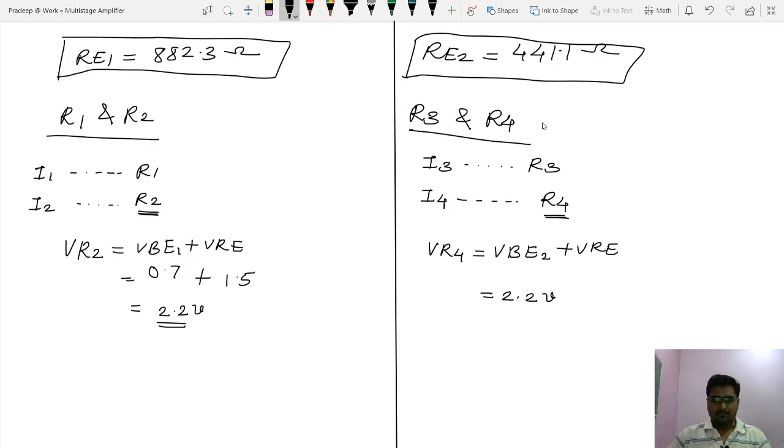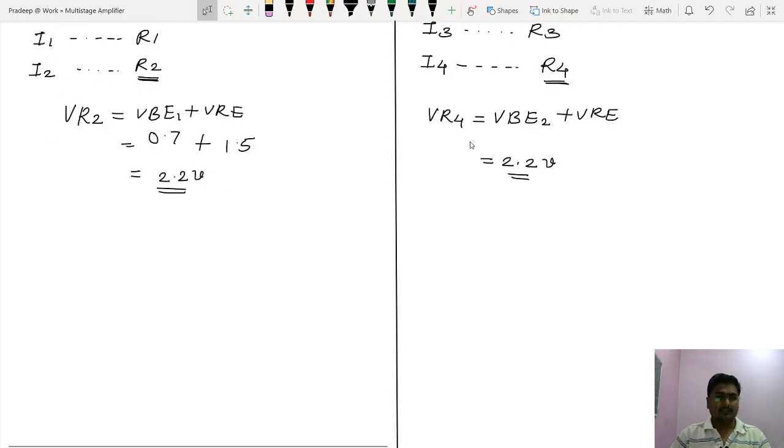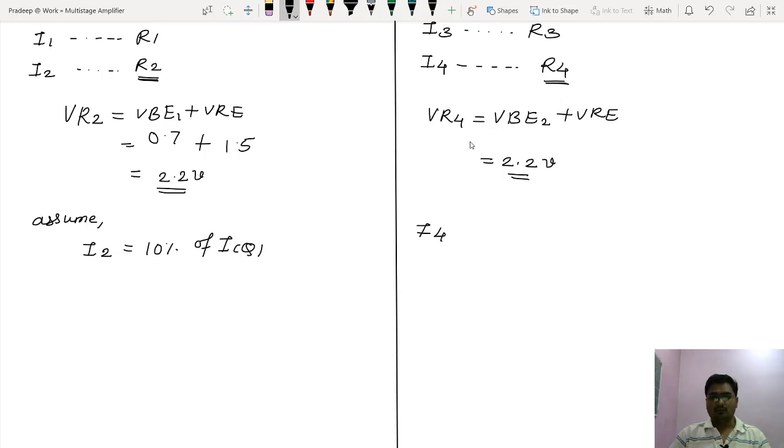Now after that, let's assume that the value of current flowing through resistor R2, that is I2, is 10% of ICQ1. Here I will assume I4, that is flowing through resistor R4, is 10% of ICQ2.